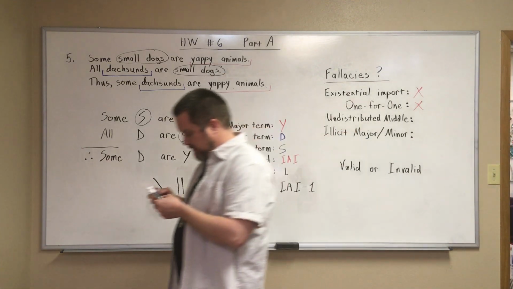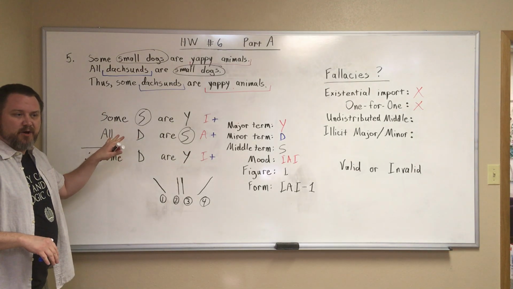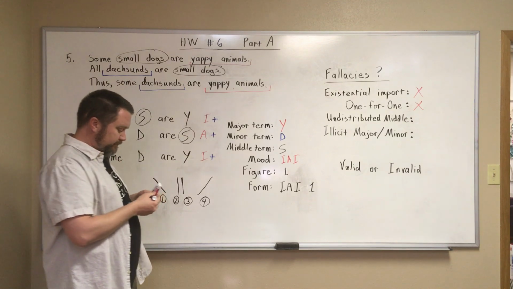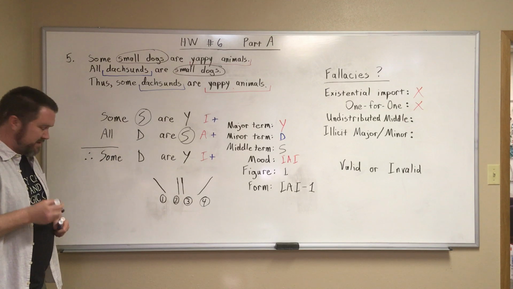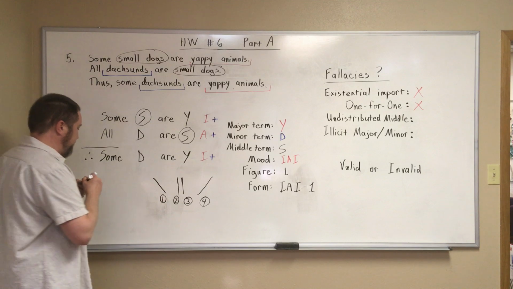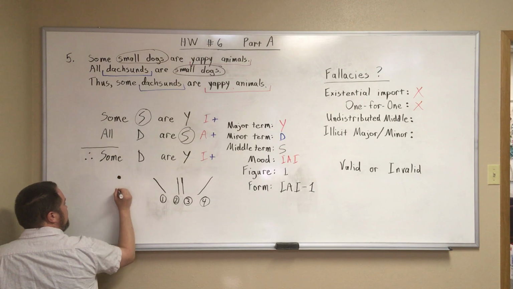Undistributed middle. This is where I like to underline as I go the distributed terms. And for this, I just have figures in my head. I'm a very visual person, so I always remember the distribution like this.